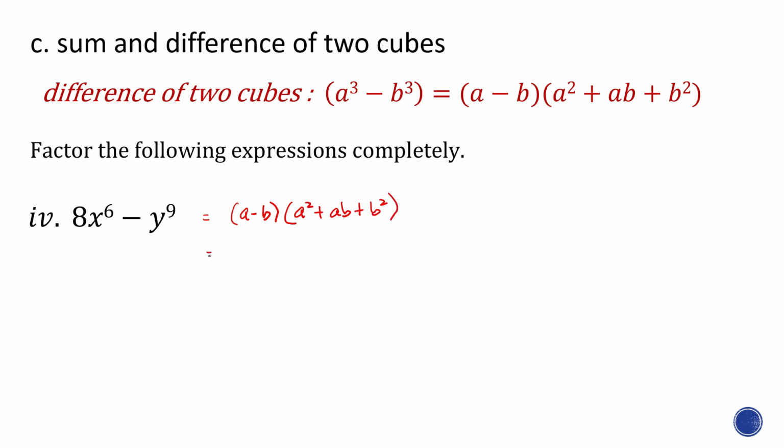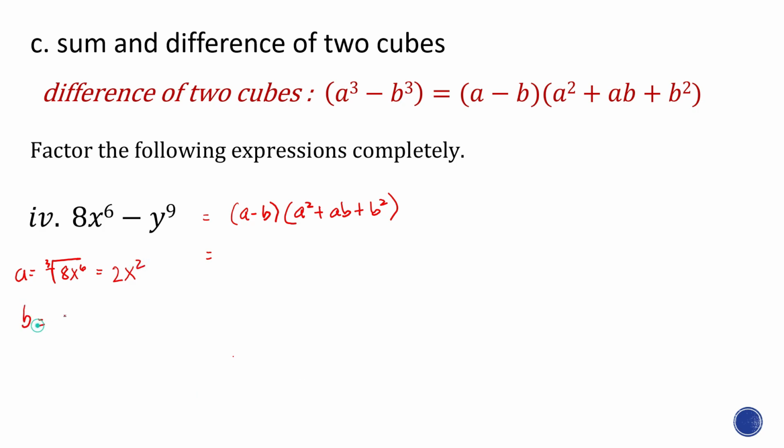All right. So what is the cube root of 8? This is for a, by the way. 8x raised to 6. So for the numerical coefficient 8, cube root of that is 2. Now when it comes to the literal coefficient or the variable, x raised to 6, simply divide the exponent 6 by 3. So the answer to that is x squared.